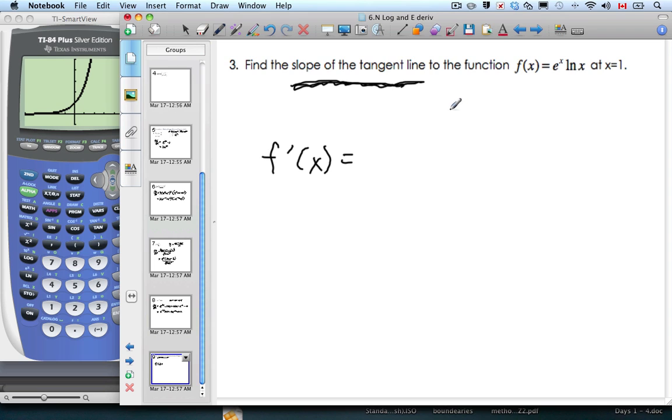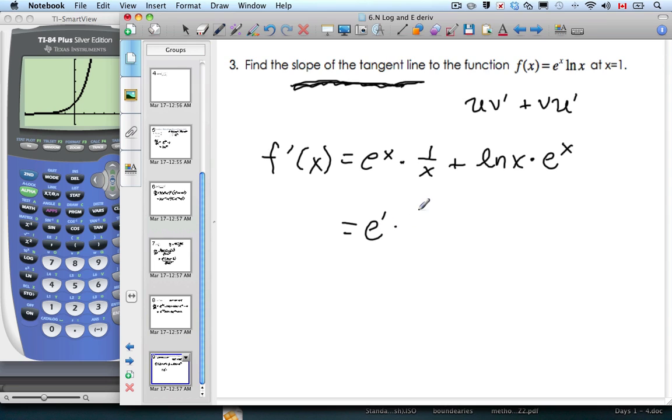All right, I'll write it out: u v prime plus v u prime. So we get e to the x times 1 over x, plus v is ln x times the derivative of e to the x, which is e to the x. And then we just have to find it at 1. We plug in: e to the 1 times 1 over 1 plus natural log of 1 times e to the 1.